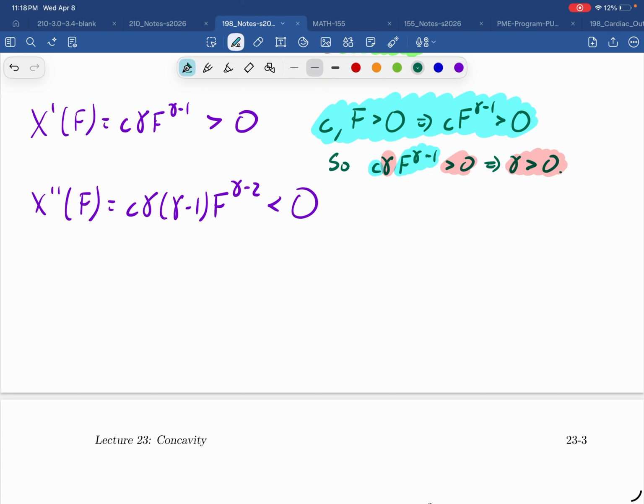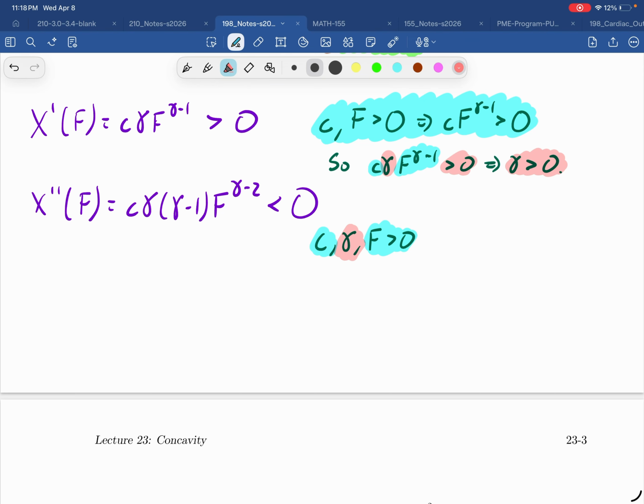Okay? Now, let's try to use similar reasoning for x double prime. Again, we have C, and now we have that gamma and F are greater than 0. Again, these two guys are by assumption. This guy is by what we just showed.